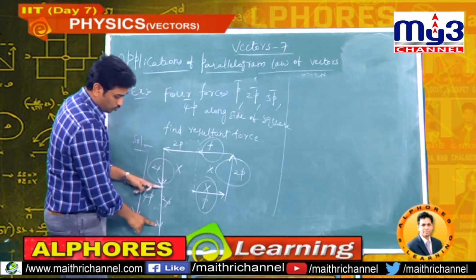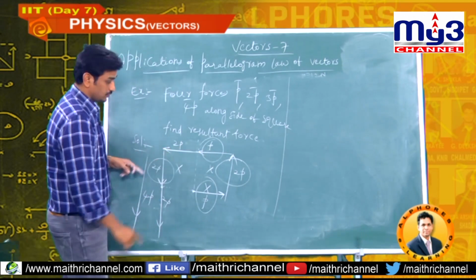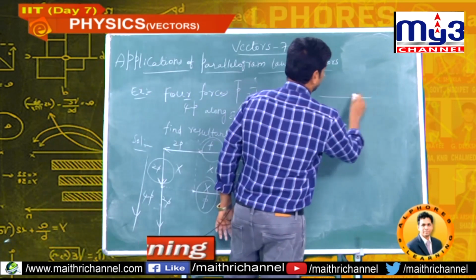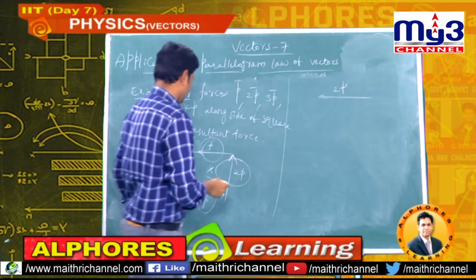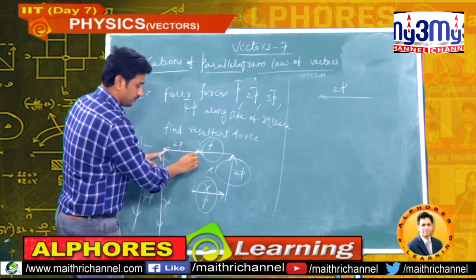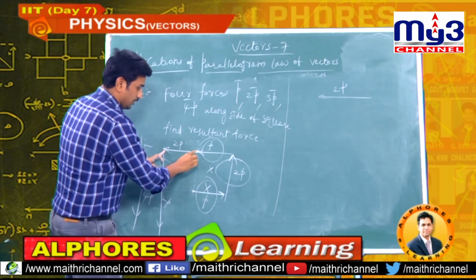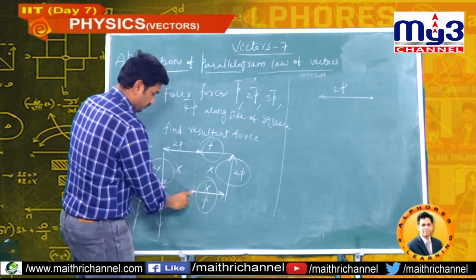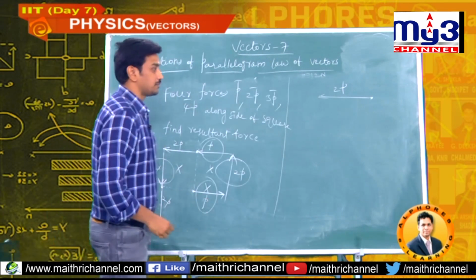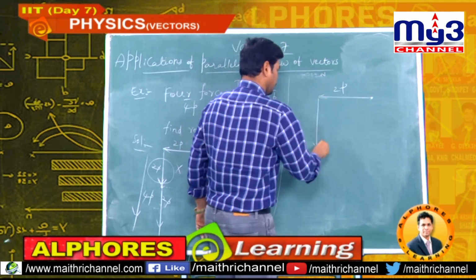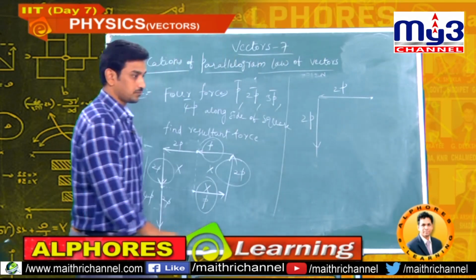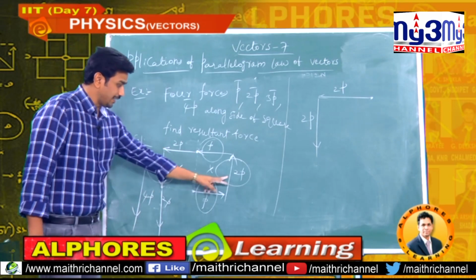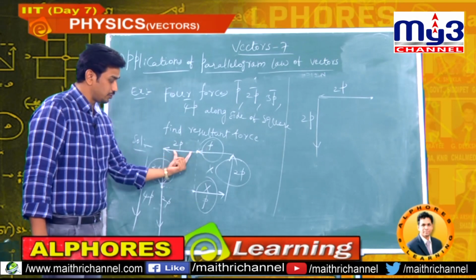This 2P is left over. Can I take parallel shifting to here? I am shifting this 2P to here, parallel shifting, this 2P as it is. Now 2P and 2P cancel out, this P cancels out, remaining 2P.